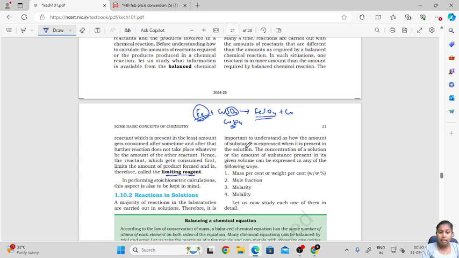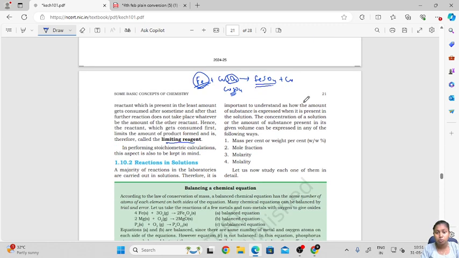In our labs, many of the reactions are carried out using liquid solutions like HCl, H2SO4, HNO3. All these are liquids, right? So how we measure them, how we take them, what is the amount of substance, how we express them. It is important to know all these things.